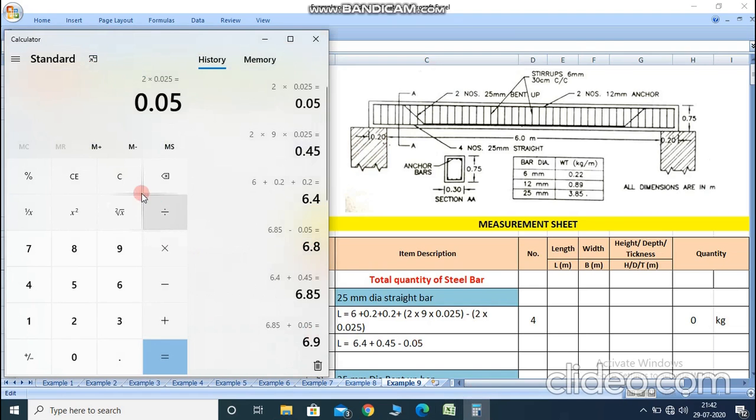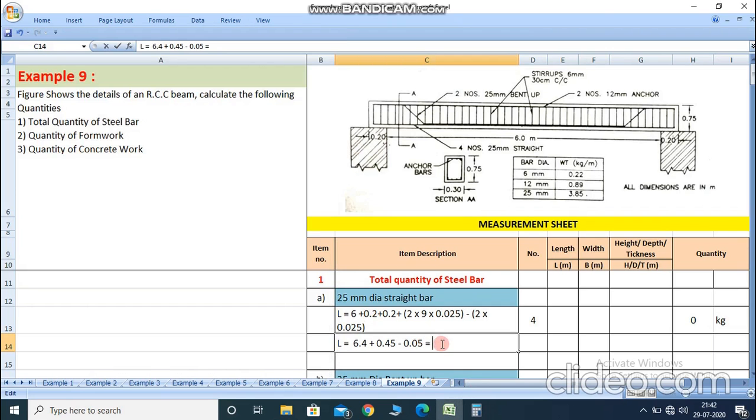Now we use the calculator. So total length is equal to 6.8 meter. So right here we write 6.8 meter.